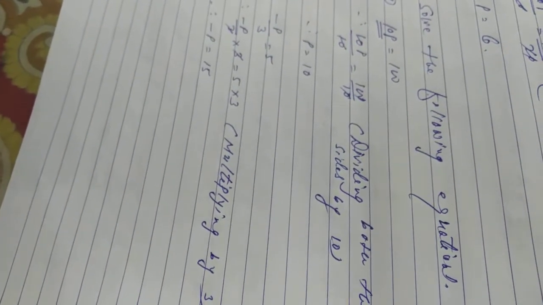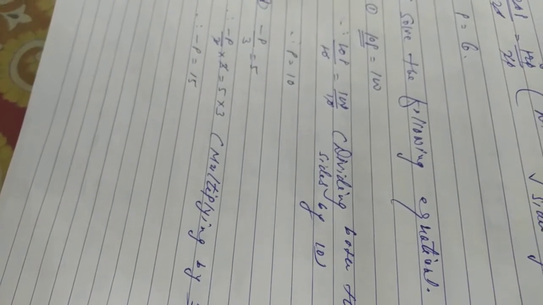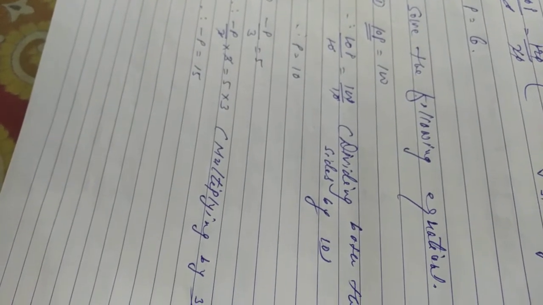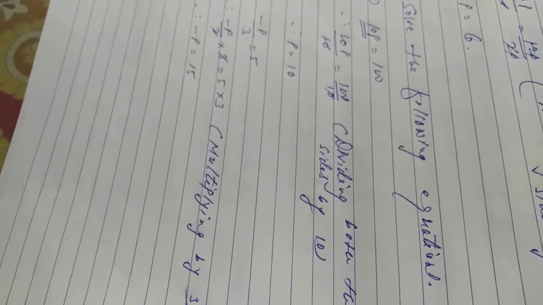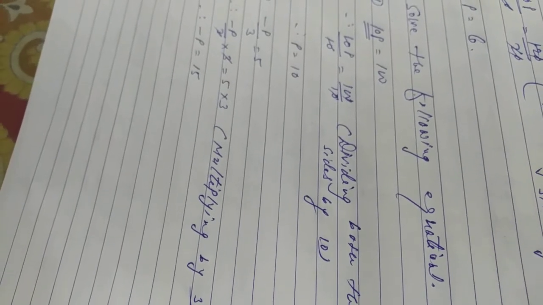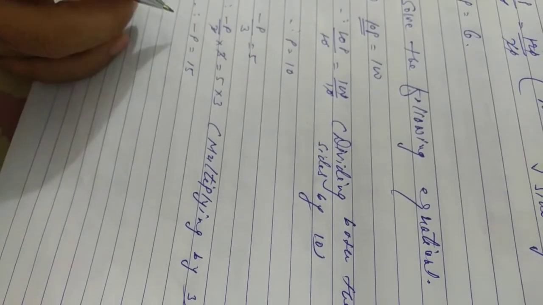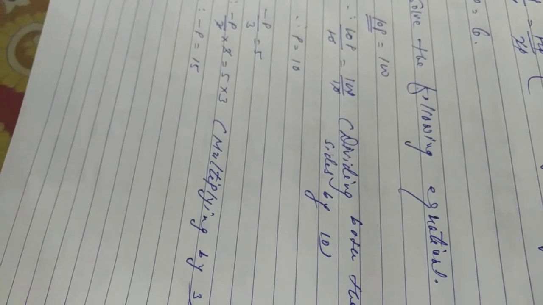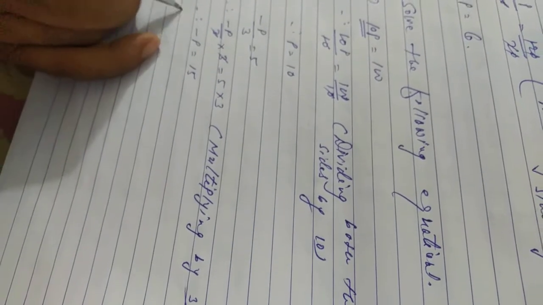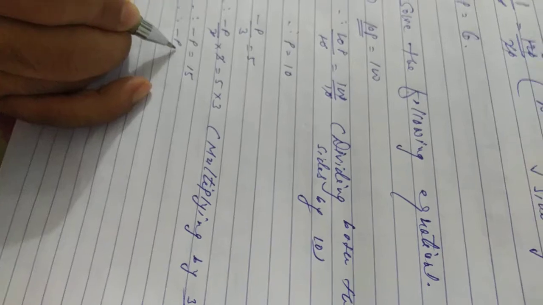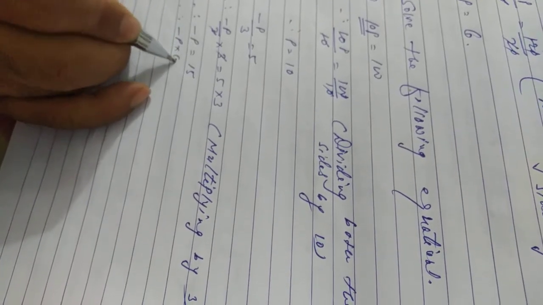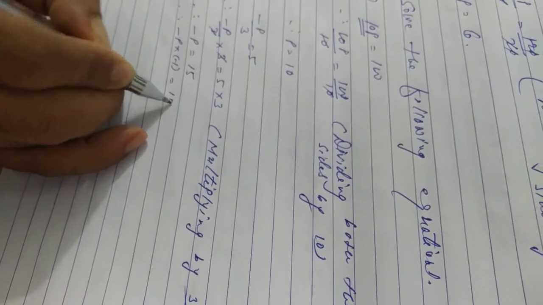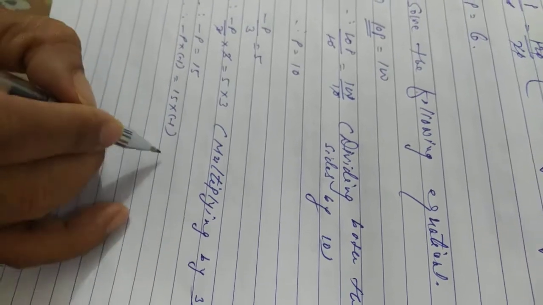Is it clear? Now to remove the minus sign, what do we have to do? We have to multiply with minus 1 on both sides. Minus p multiplied by minus 1 is equal to 15 multiplied by minus 1.